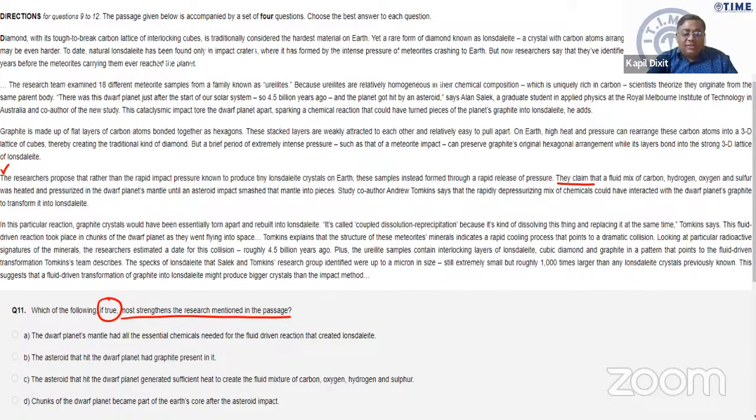Okay, that's mentioned in the paragraph. Now, the dwarf planet's mantle had all the essential chemicals needed for the fluid-driven reaction that created lonsdaleite. If this is true, it supports the research mentioned in the paragraph. Agreed? Hence, this becomes the answer choice. Agreed?